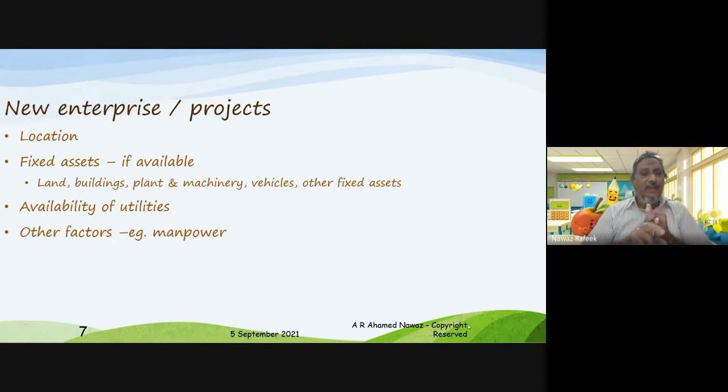Roadways, telecommunication and communication systems, water, power. Location is very important. Sometimes you may find the location okay on the face of it, but when you are going to start the project, you may come across certain other information, other hindrances.